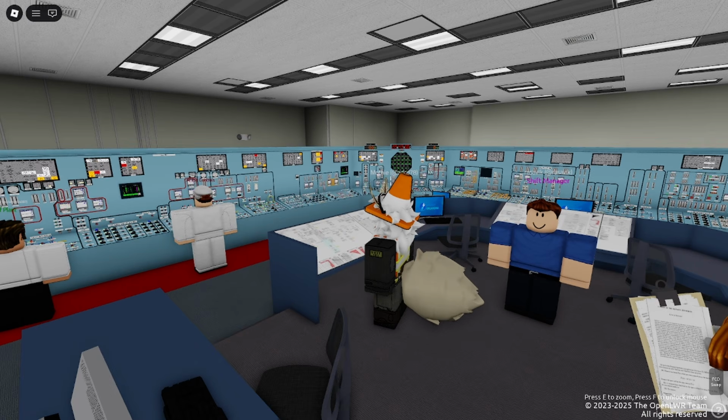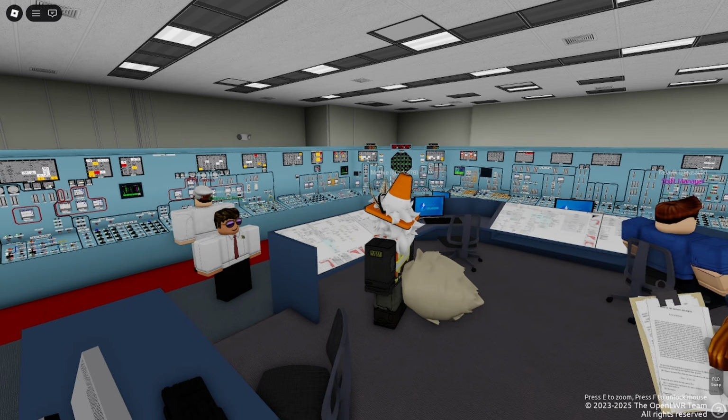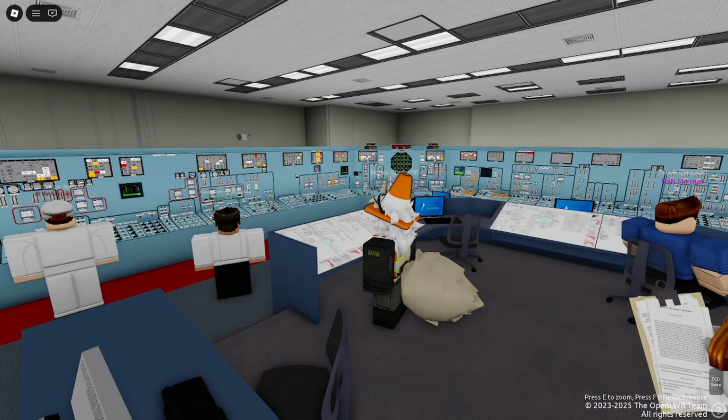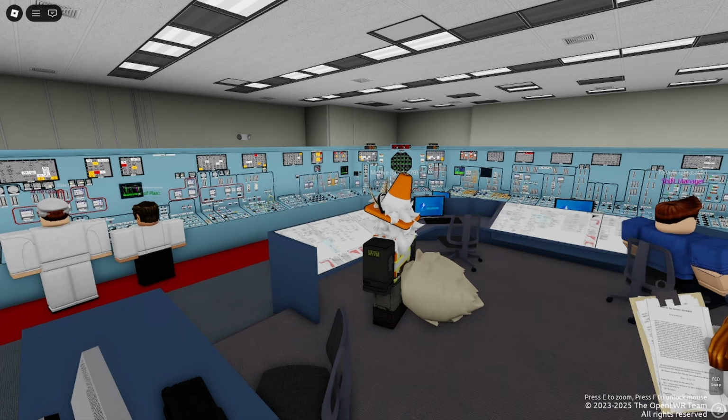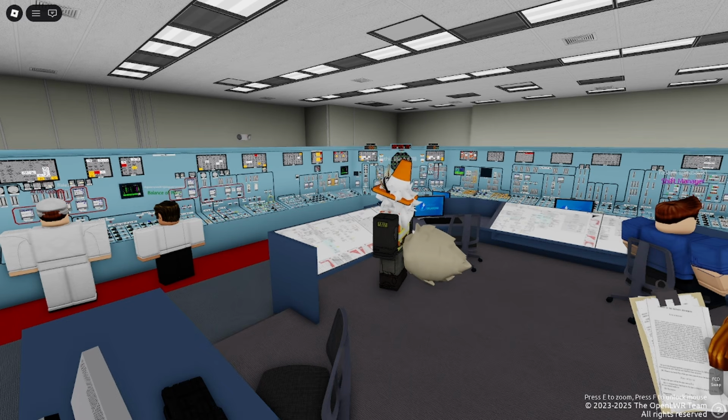Yes. Can the isolations for RHR shutdown cooling be opened? The isolations for RHR shutdown cooling cannot be opened yet. I understand they cannot be opened yet. That is correct.